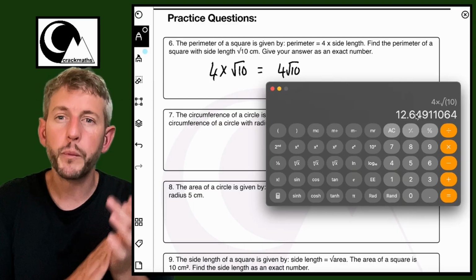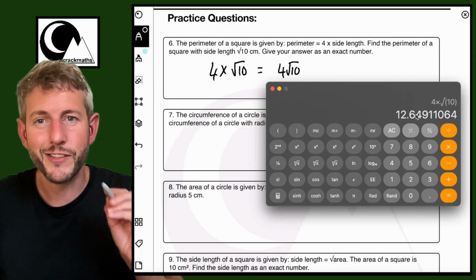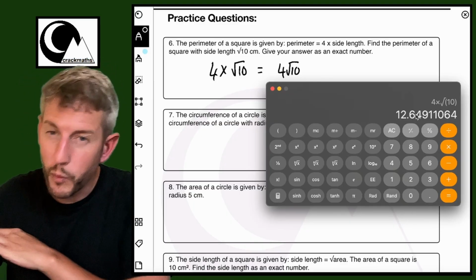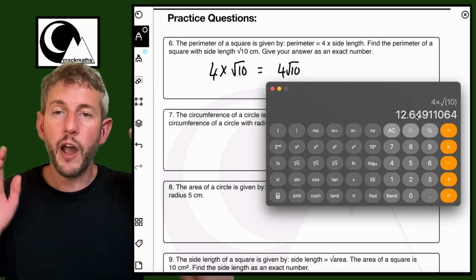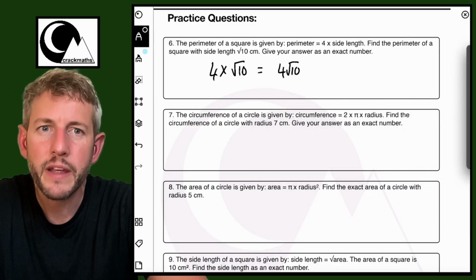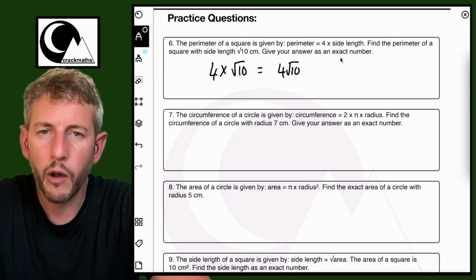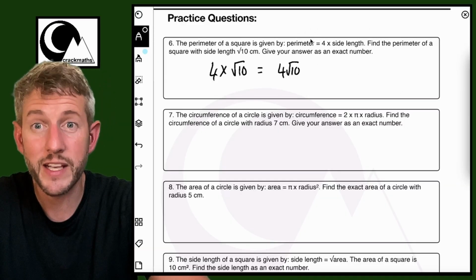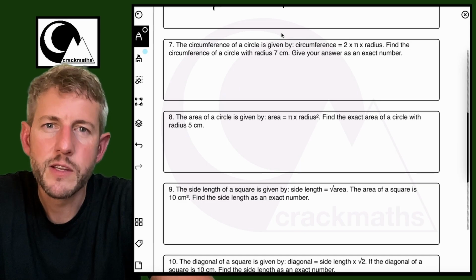So at some point we would have to round our answer to this question, and therefore our number would no longer be exact. So the only way we can give our answer as an exact value is to give it as a multiple of the irrational number. Okay, so that's what this is, 4 root 10.